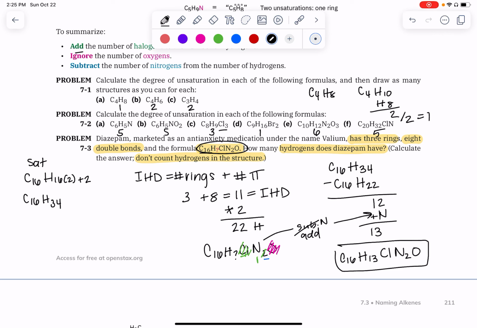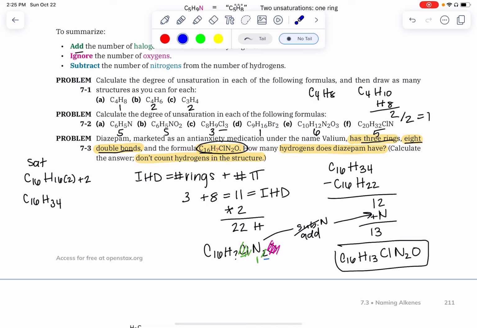But just understand that you find the IHD because they tell you there's 3 rings and 8 double bonds. Then know that that's the number of degrees of unsaturation, which means that times 2 would give you the number of hydrogens that are missing from the molecule.